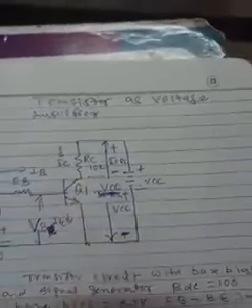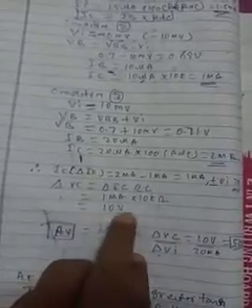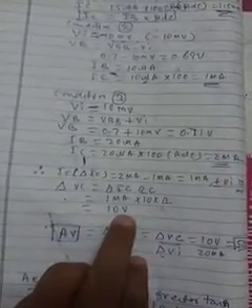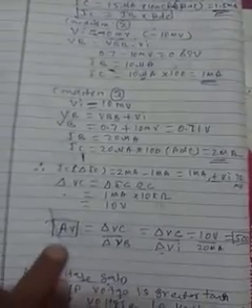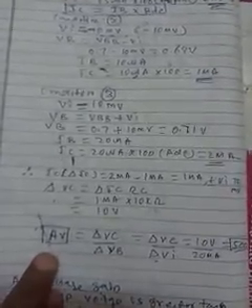So that is 10K. Here you can observe 10 kilo ohms connected. So you can see here 10 volts; we are getting a change of 10 volts. This concept is the amplification of voltage in a transistor.